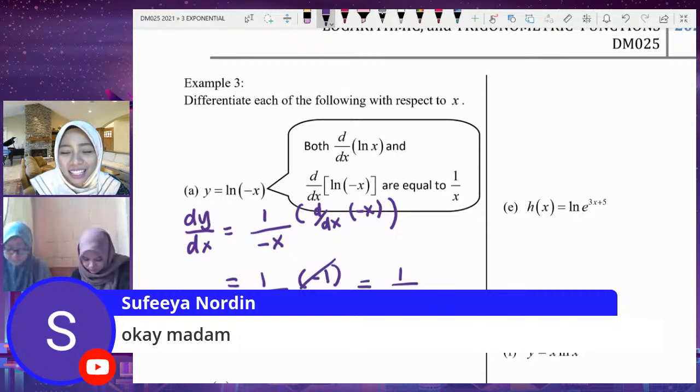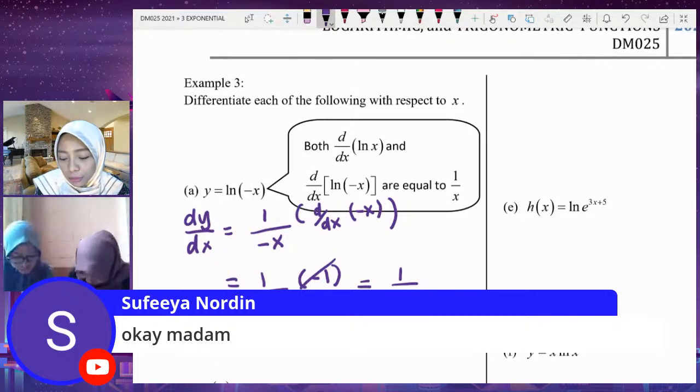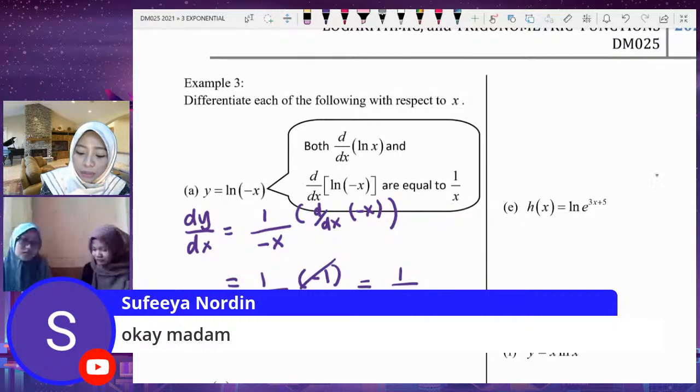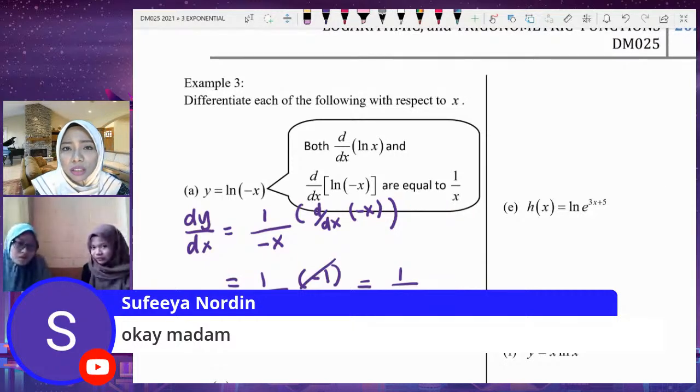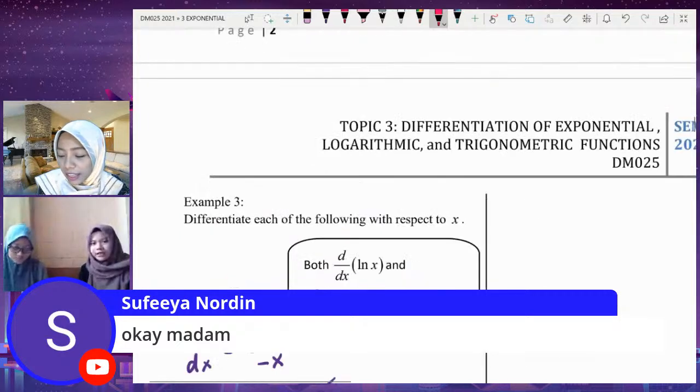Okay? Indeed the answer is the same, but then you have to present your solution. Your marks, this is K1 working, maybe if you cross out you can still get K, and then your final answer J. That's why you don't need to memorize, the property is 1 over f(x) multiply with the differentiation of the function, okay, as this.